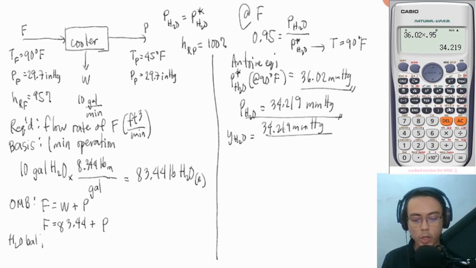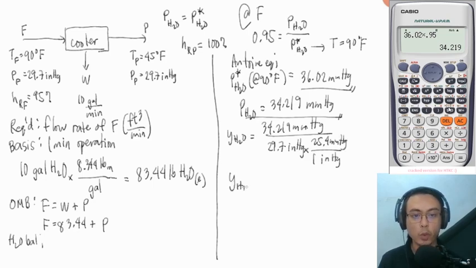Total pressure is 29.7 inches mercury. Now, we just need to convert from inches to millimeters. So 1 inch of mercury is 25.4 millimeters mercury. We now get the mole fraction of water.